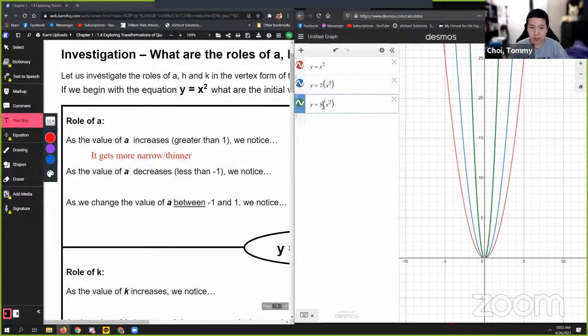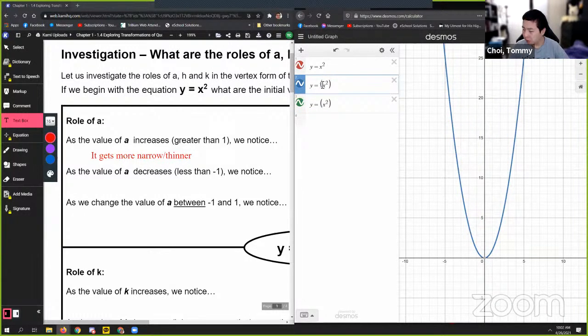if we pick a value less than -1, for example, the proper assumption would be, oh, it must get wider, and not exactly. Okay?